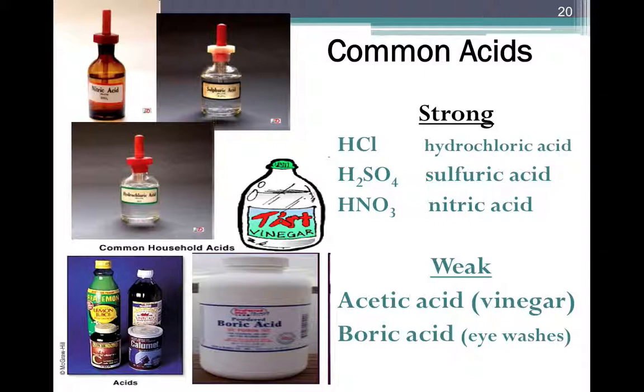And the last one's kind of interesting. It's an eye wash right here. Boric acid, very mild, gentle, because you have to have it gentle on the eye. This boric acid is a powder blended in, and it forms this nice clear liquid that you can wash out your eyes with.